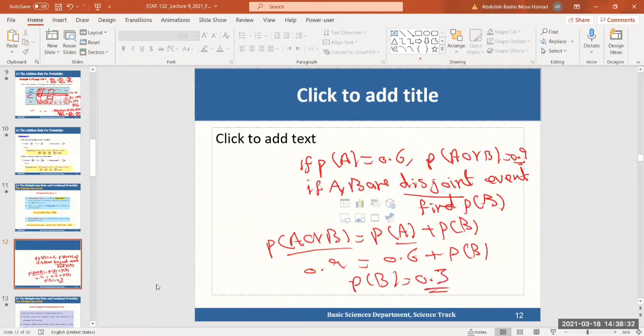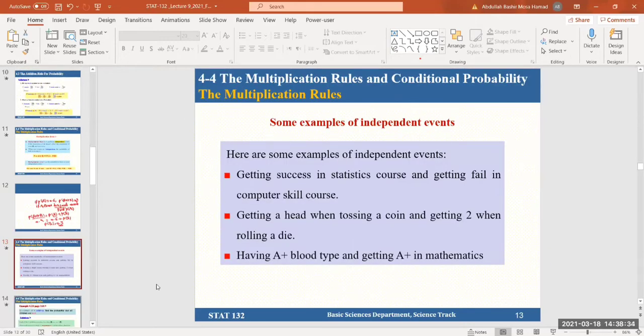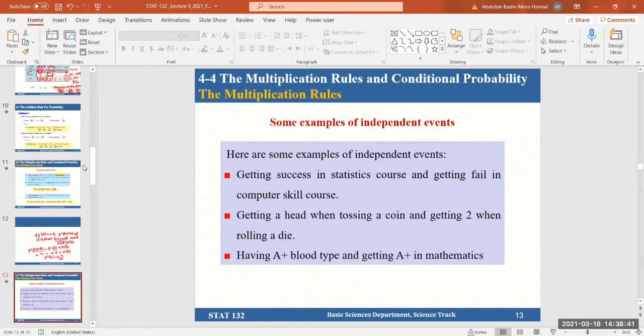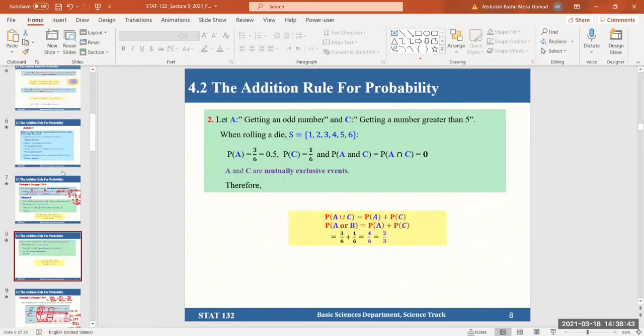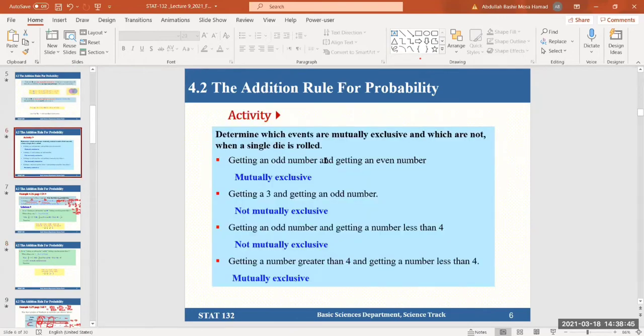Now we are moving to another type. We have seen an example of independent events, but we also have some examples about mutually exclusive events. Getting an odd number and getting an even number: of course, this is a mutually exclusive event. Getting a three and getting an odd number: no, this is not mutually exclusive, because the intersection exists.